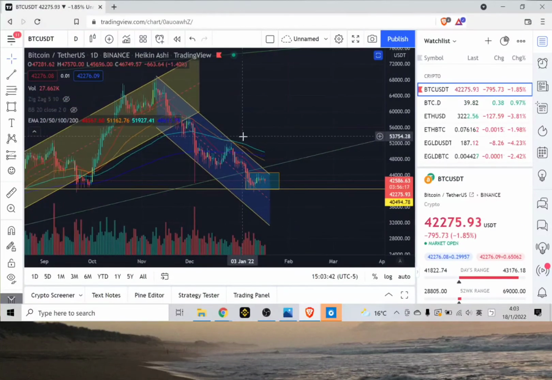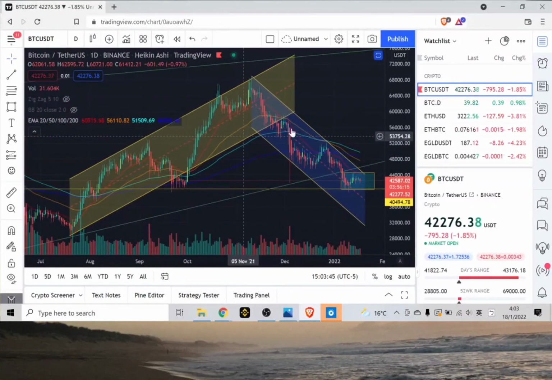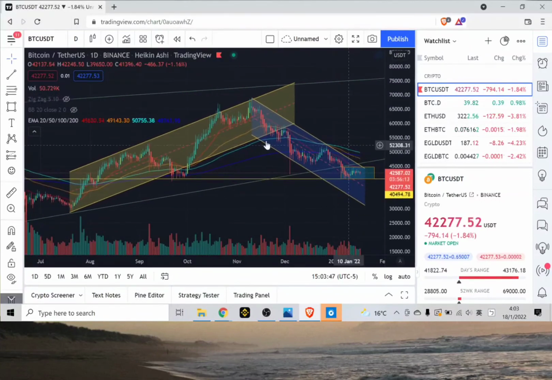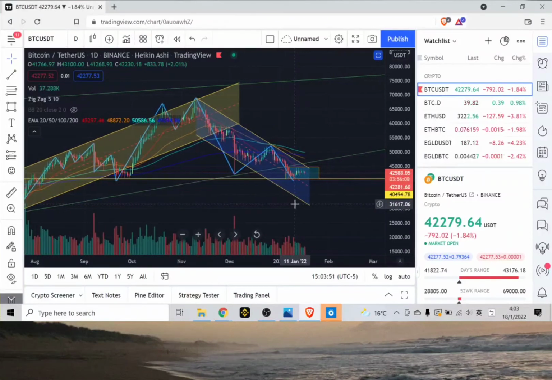So we can apply zigzag to see what is gonna be happening with the Fibonacci fib.